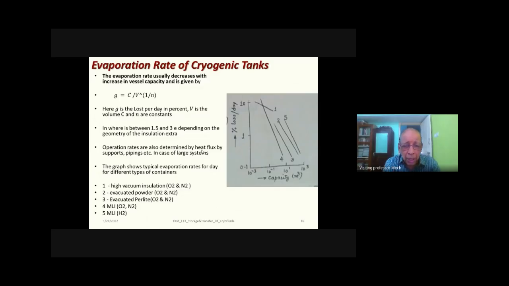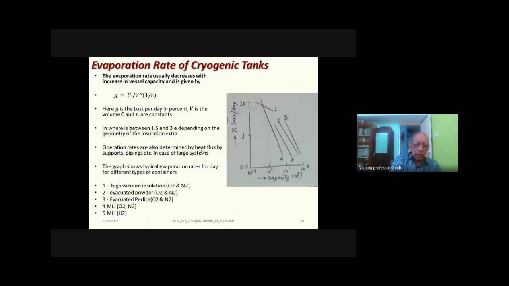Now, the evaporation rate of cryogenic tanks usually decreases with increase in the vessel capacity. So you can see here G is equal to a constant C divided by V to the power 1 by n.